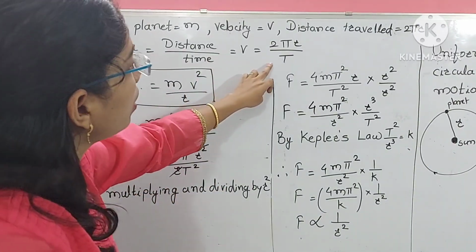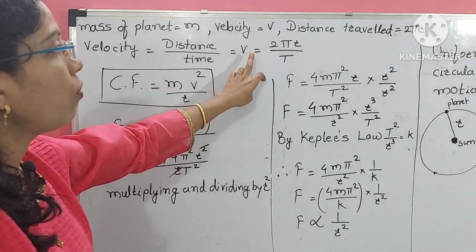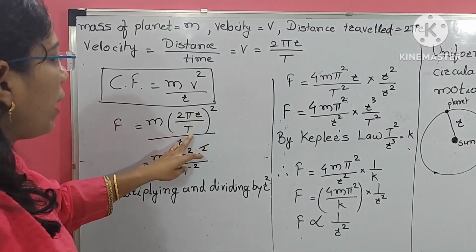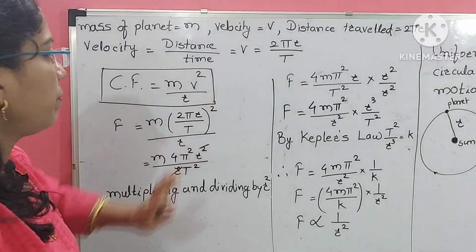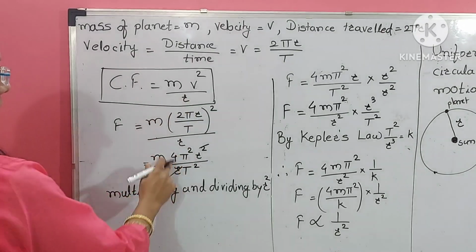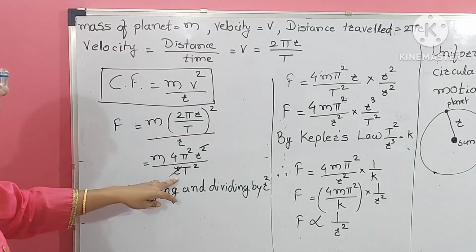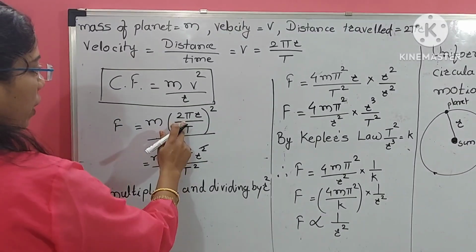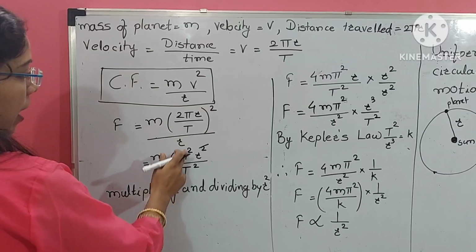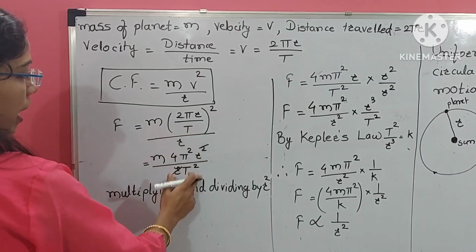Instead of v we put 2 pi r by T, whole square. The r in the numerator goes into the denominator by changing the side. So 2 square is 4, pi square as it is, r square as it is, r goes in the denominator, T square as it is.